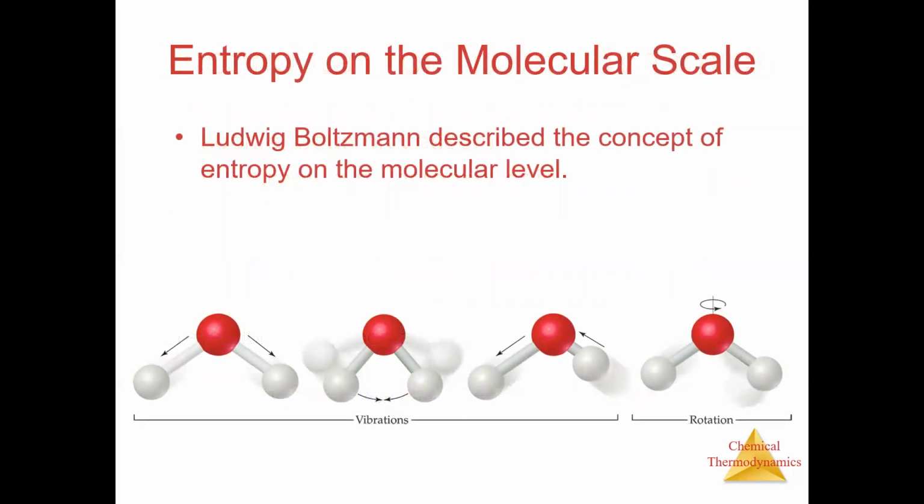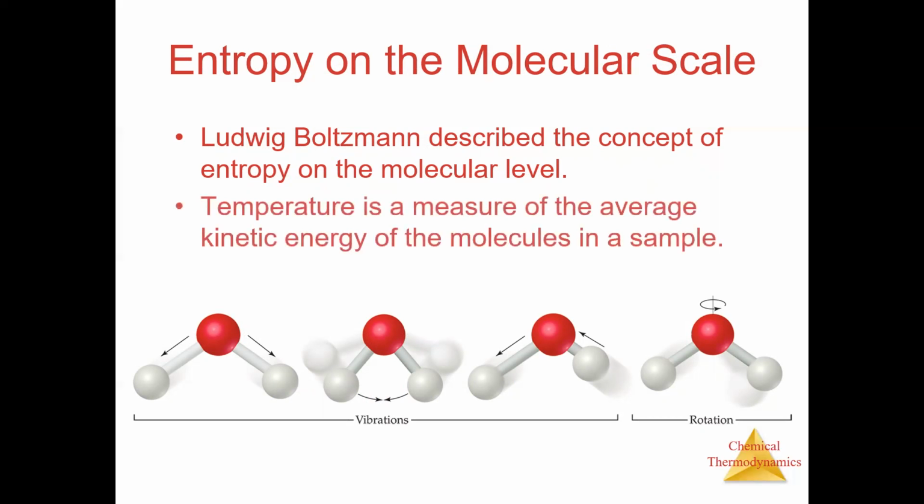Entropy on the molecular scale. Ludwig Boltzmann described the concept of entropy on the molecular level. When the temperature of a molecule is increased, vibrational, rotational, and translational motions take place.